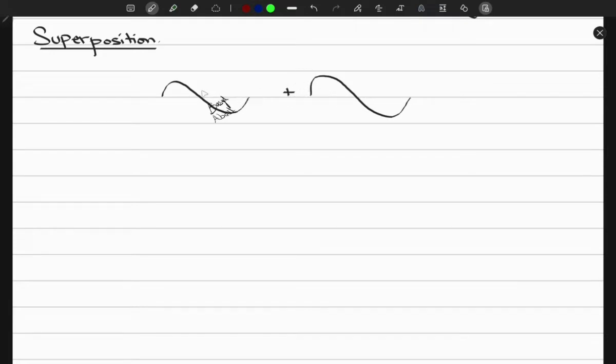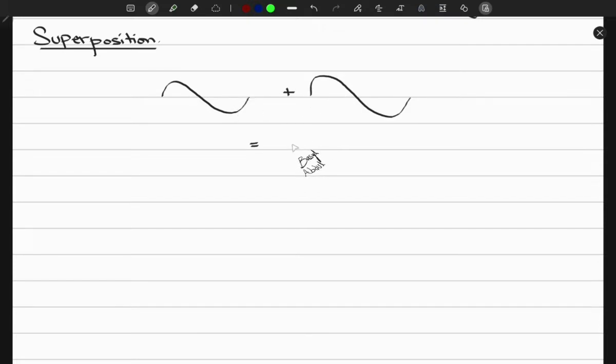Once I add these two waves, which really means that these two waves are simultaneously approaching each other, the resultant of these two waves is just the sum of these individual waves, right?